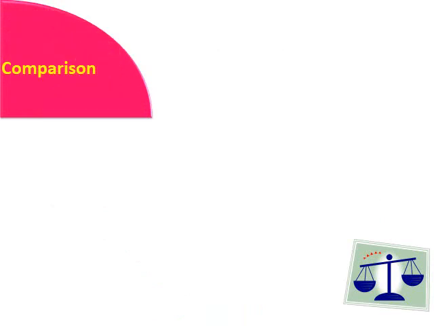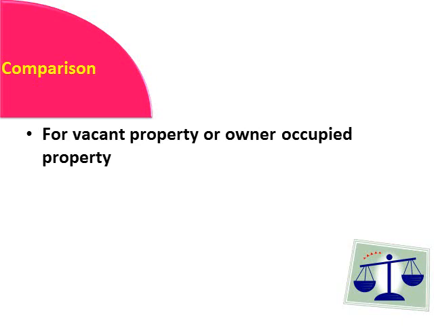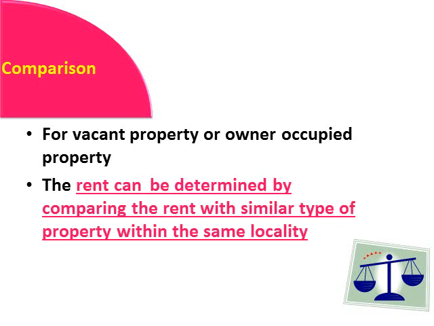Okay, first we look at the first method to determine the rental value, which is the comparison method. The comparison method can be used to determine the value of property, whether it is a vacant property or owner-occupied property. The rent can be determined by comparing the rent with a similar type of property within the same locality.